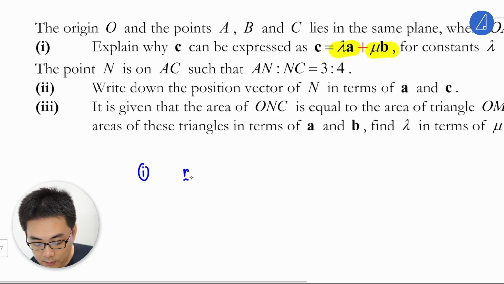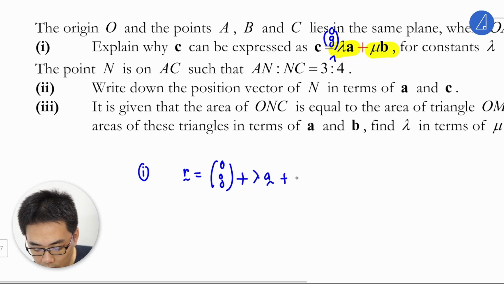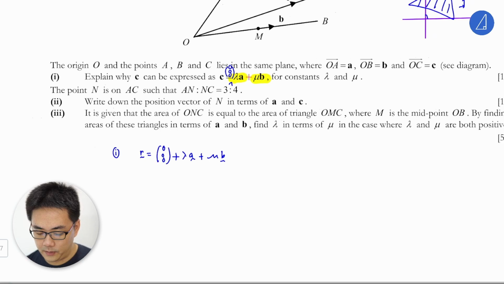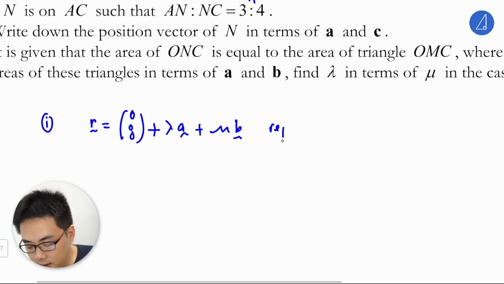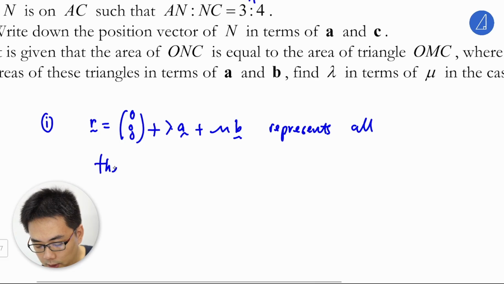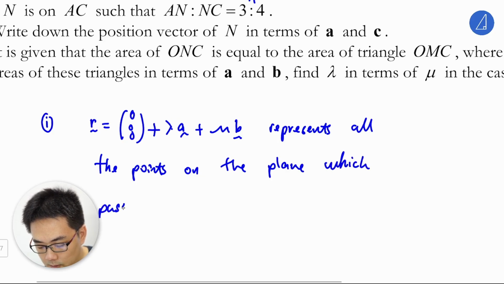So r is 0, 0, 0 plus lambda A plus mu B. You can just add the zero vector here. Why? Because this represents all the points on the plane which passes through the origin.